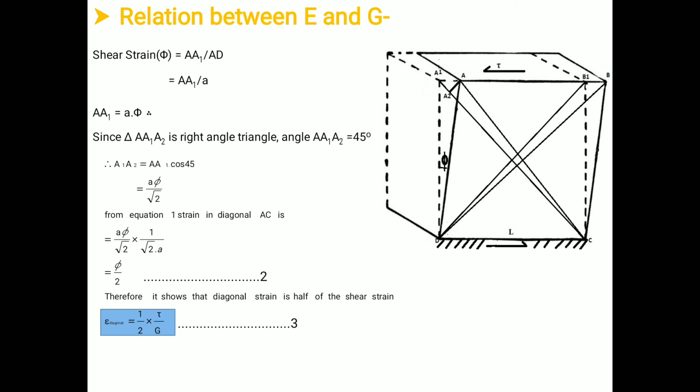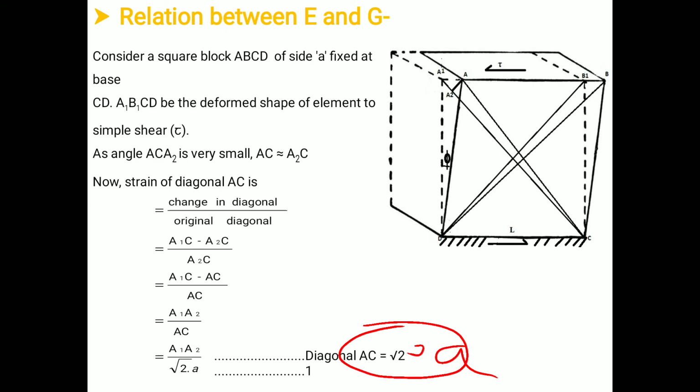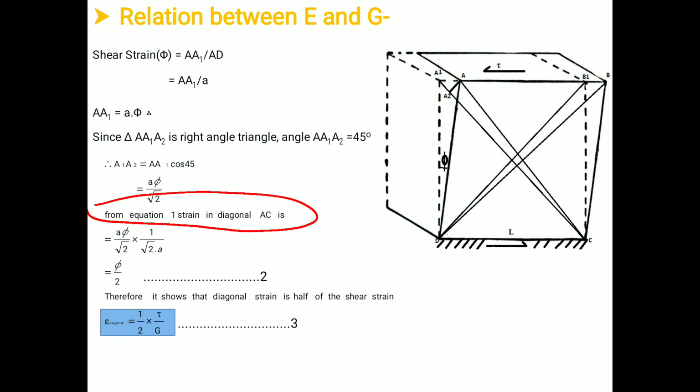From equation 1 we have the strain in diagonal, A1A2 upon under root of 2 a. That value we are going to put into this equation. After putting this value, we have a phi upon under root of 2 into 1 upon under root of 2 a.